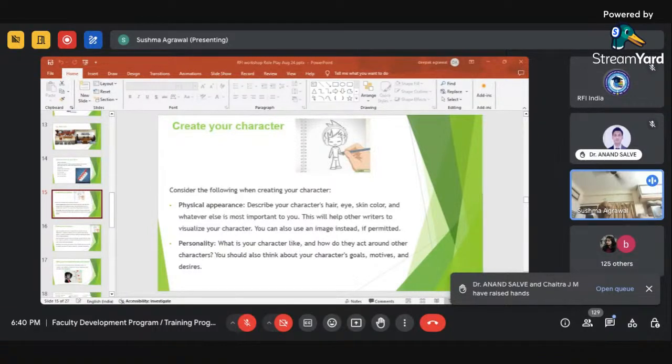Similarly, if this character is somewhat new, you want to pretend or create, you can define that personality in a similar manner. Again, you need to think about the character's goals. Defining personality includes many other inbuilt characteristics, like goals, objectives, motives, and desires of that person.